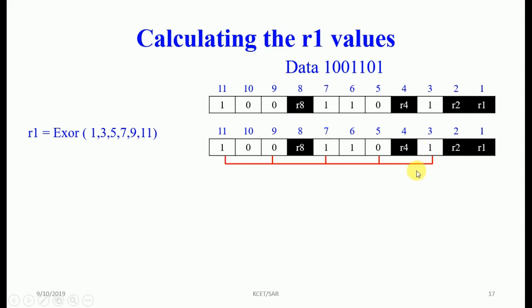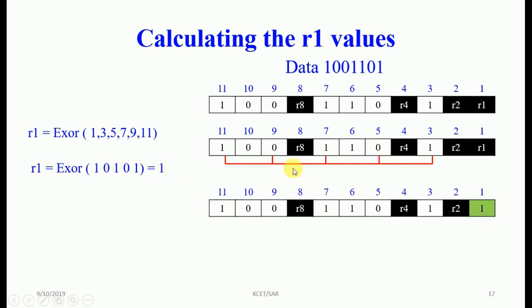In this position, 3 contains the 1, 5 contains the 0, 7 contains the 1, 9 contains the 0, and 11 contains the 1. That's why the number of 1s becomes 3. Here we perform the XOR operation, so the R1 value becomes 1. This 1 is placed at the R1 position. This is the calculation of R1.